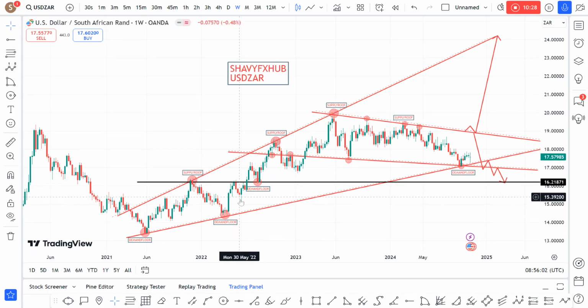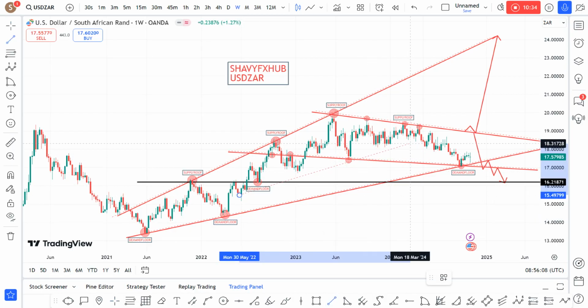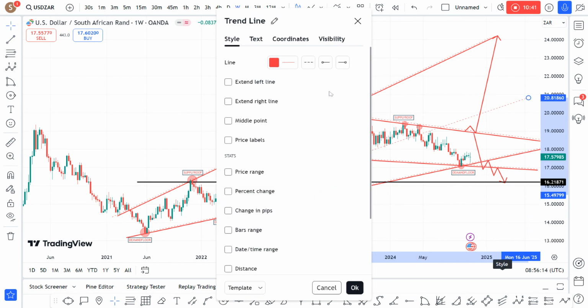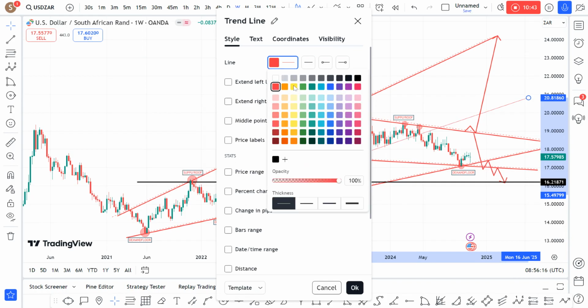We have another structure here. Let's see what this structure means. Support structure, support structure, breakout of a support structure. Nice one. I like that structure. I wasn't thinking of it, but when I saw it, it got my attention.